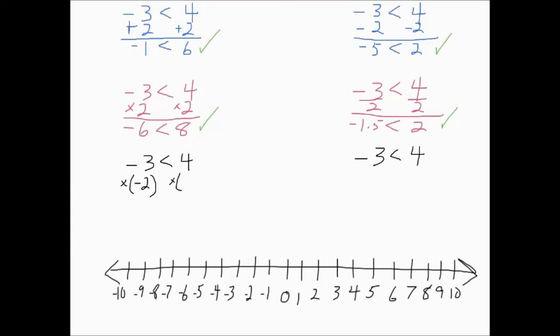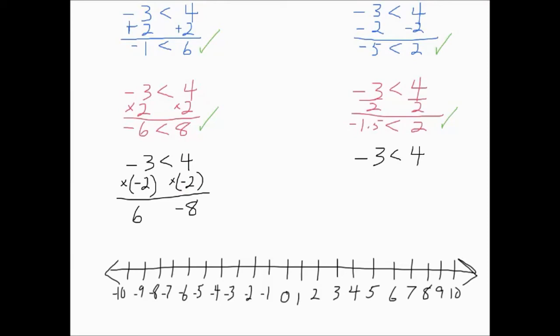What if I multiply by a negative number? What do I get? Well, negative 3 times negative 2 is positive 6. And 4 times negative 2 is negative 8.